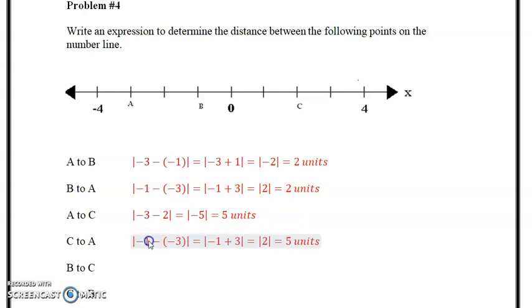Okay. Next one is C to A. So I'll take C, which is at positive 2, subtract A, which is at negative 3, which would be 2 plus 3, which would be 5 units.